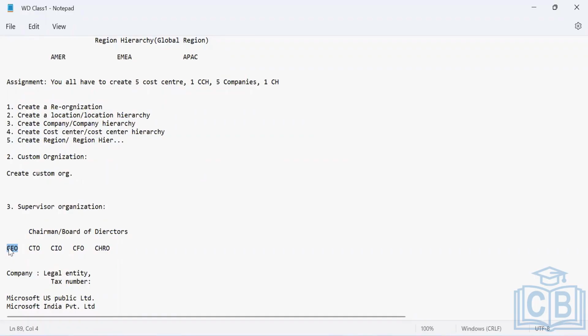Head of the department. No, not a department. It's an individual. A supervisor will always be an individual, a person. Not necessarily head of the department. A supervisor is somebody who has at least one reporting.